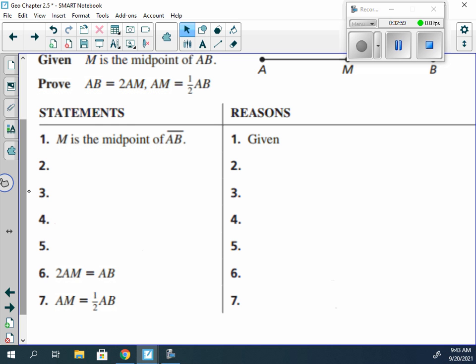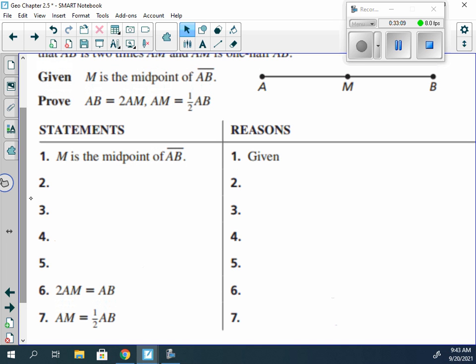So they started off with telling us M is the midpoint of AB. Well, what does a midpoint tell us? It cuts it into 2 congruent segments. So what would the 2 congruent segments be? AM and MB are congruent. Well, that's just about the definition of a midpoint.